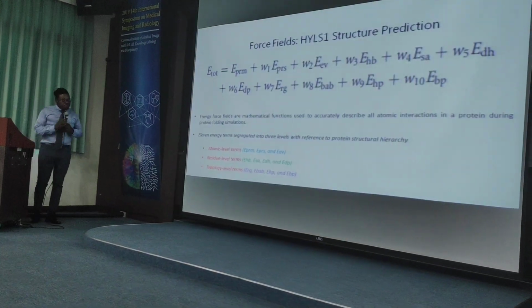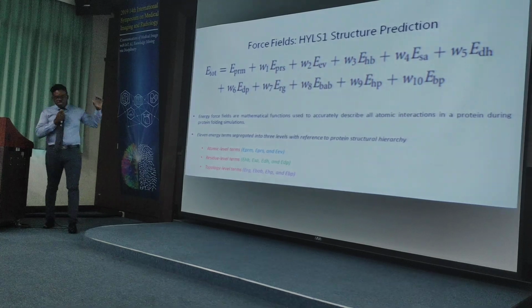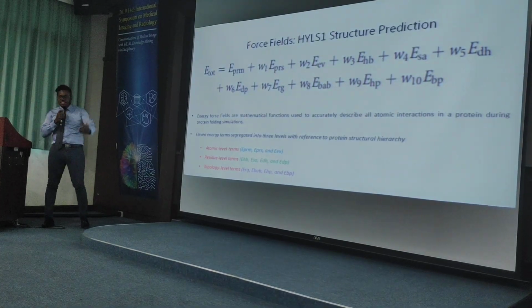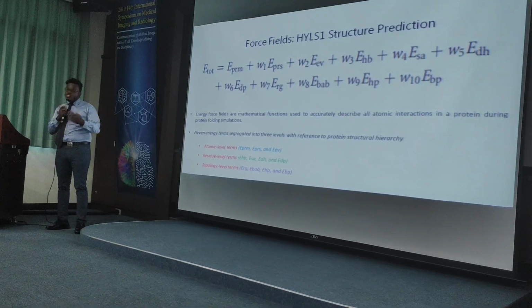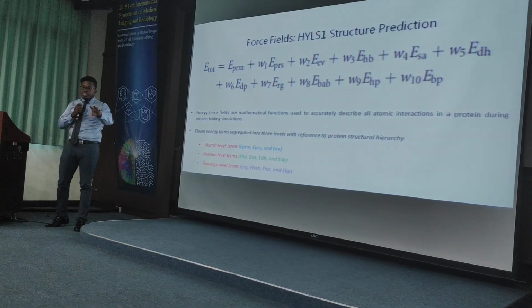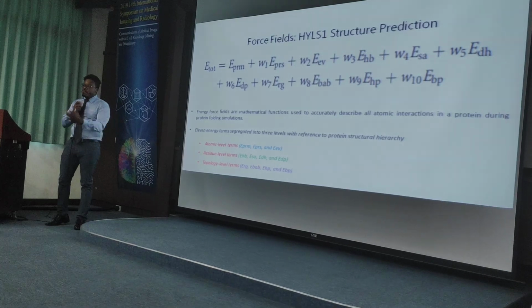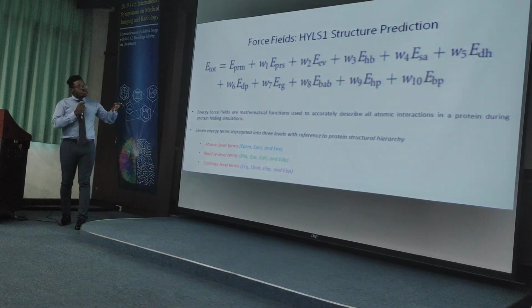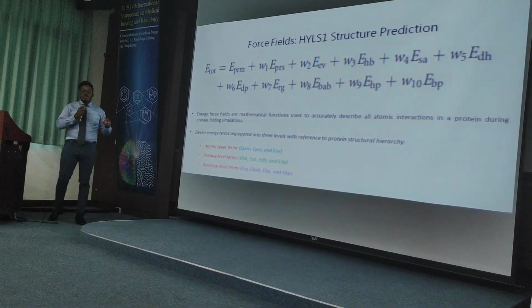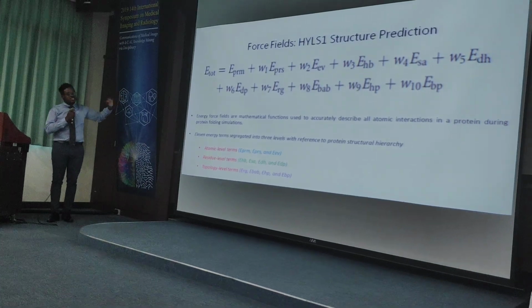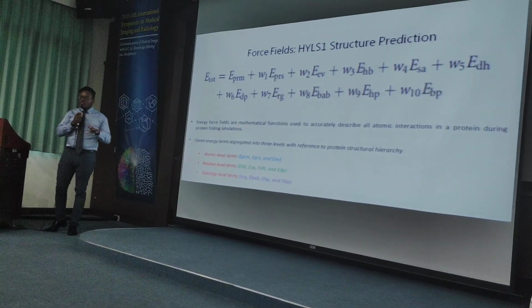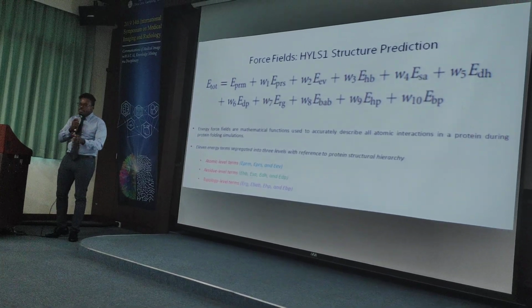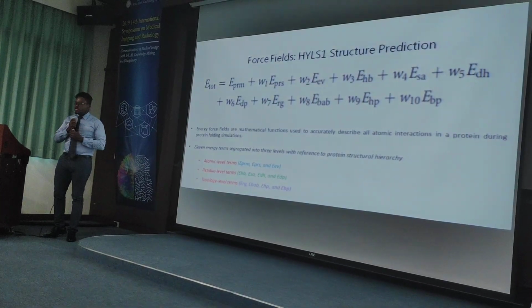Now, we fold proteins based on force fields, and in a system, according to the rules of thermodynamics, energy is neither created nor destroyed, it just changes form from one state to another. So when we look at a protein system, we consider it with total energy. Based on this, we can break down the force fields into different components to fold these proteins properly.